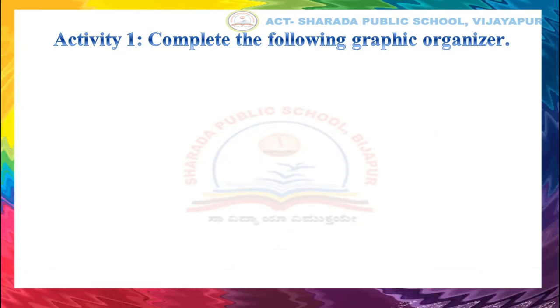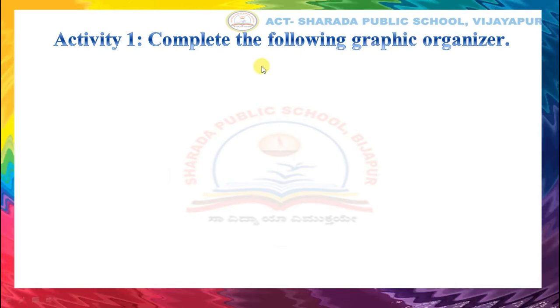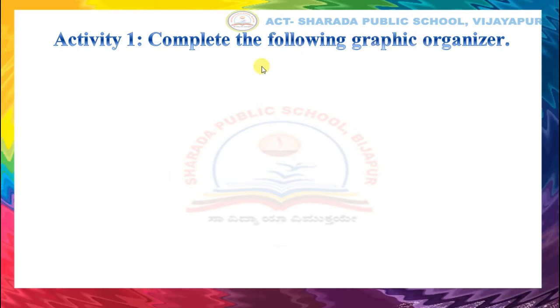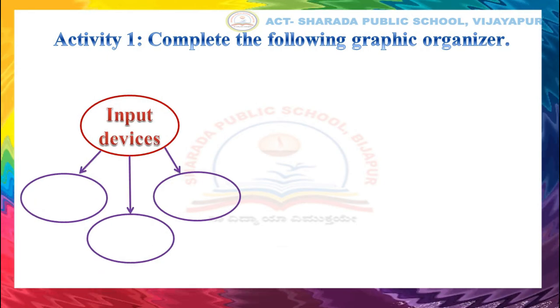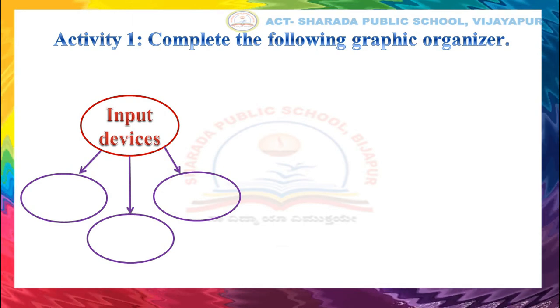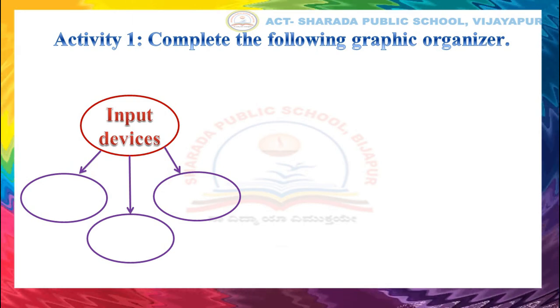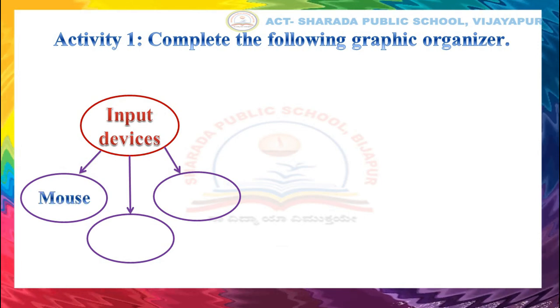Let us solve the activity number 1. Complete the following graphic organizer. Here are the input devices. You need to identify the input device and write their names in the given space. For example, in the input device, first one, mouse.